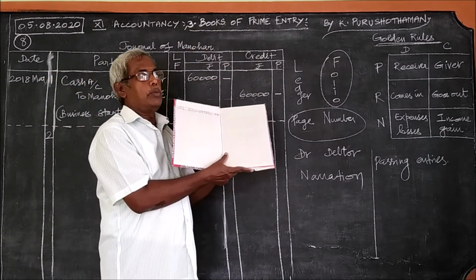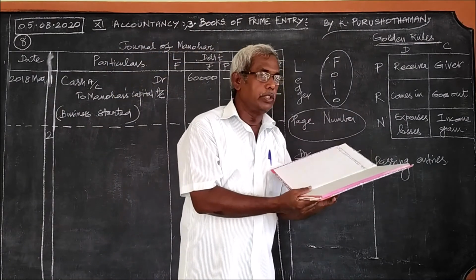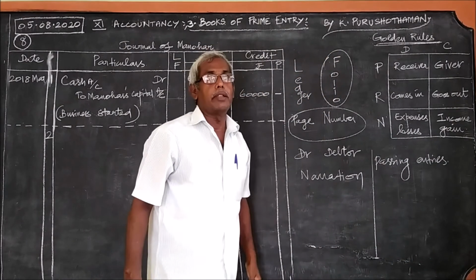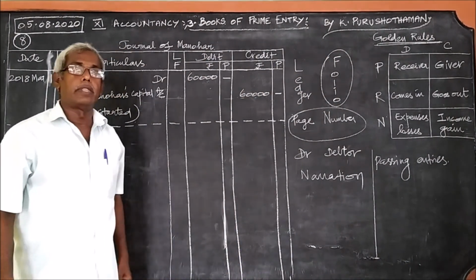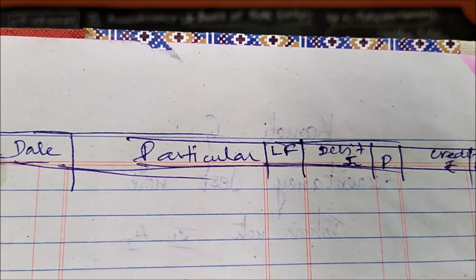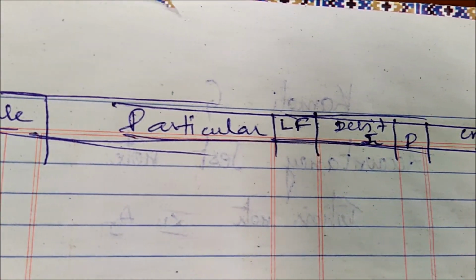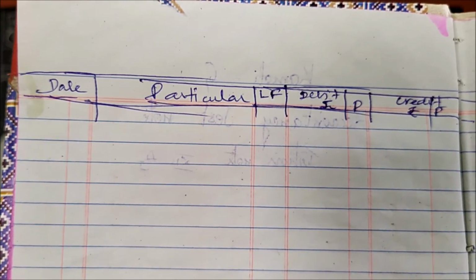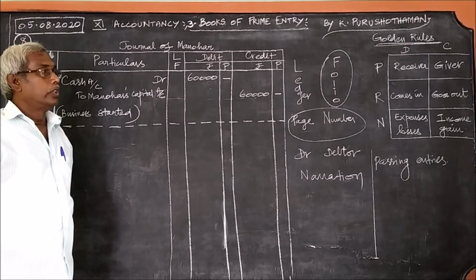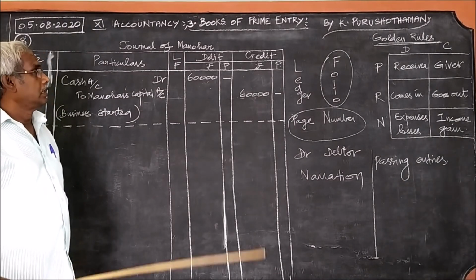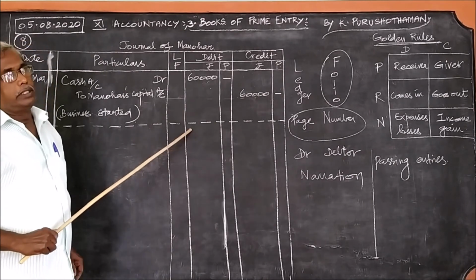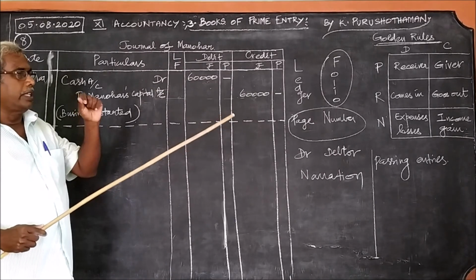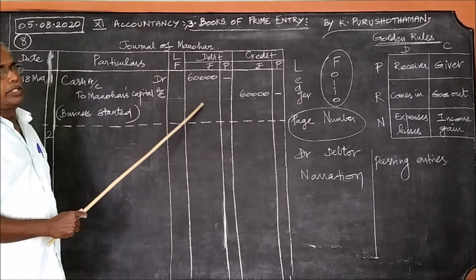This is the accountancy notebook. You buy a notebook and try to have the practice. And to your bad luck, I am not in a position to meet you, or else I shall teach you each and every one of you how to write it.